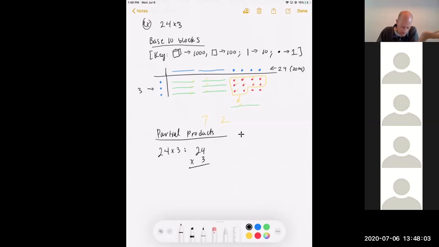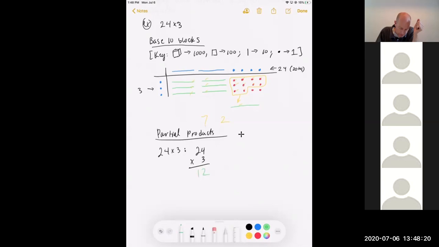It's kind of like the partial sums idea with addition. We're just not going to worry about carrying or regrouping. We'll do 4 times 3 first, and we'll get 12 with that.